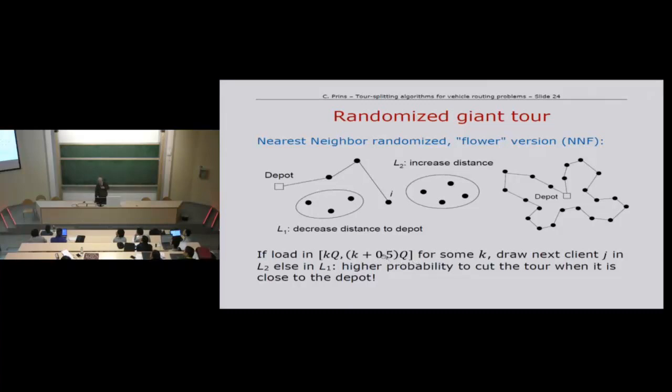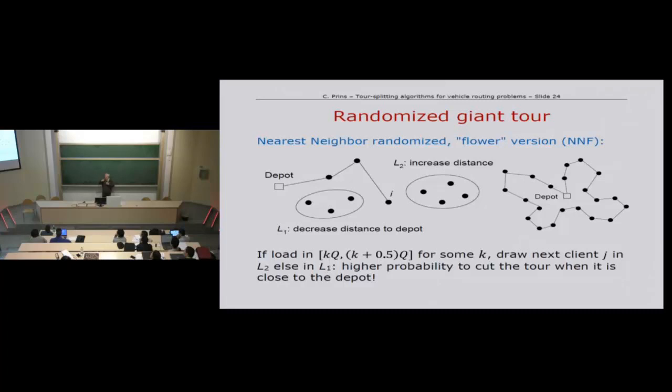And if the current load of the vehicle is between a multiple of vehicle capacity and that same load plus 50%, you draw a customer in L2, otherwise you draw the next customer in L1. So it's a simple trick.